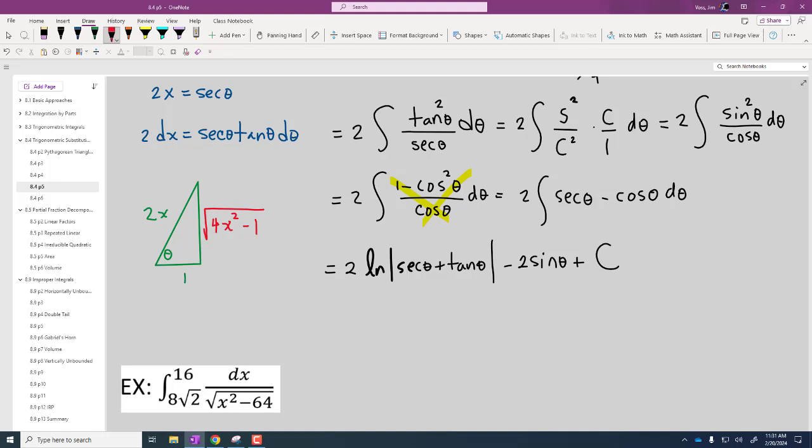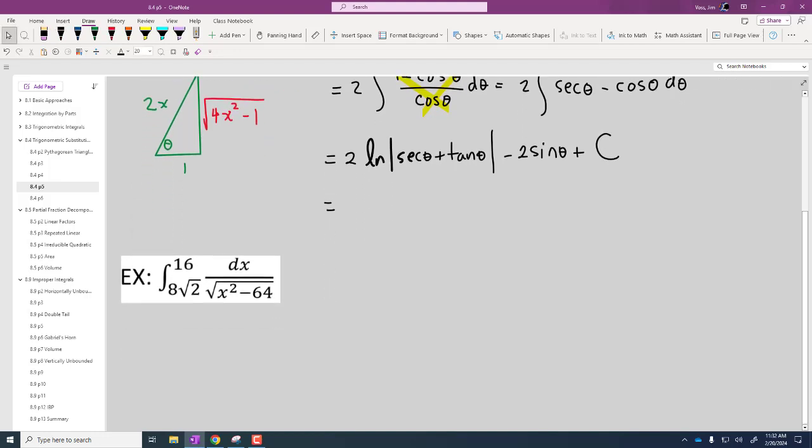And now we can replace any trig function we see based on that triangle. That triangle gives us all the trig function values. So let's go with secant first. Secant is hypotenuse over adjacent.